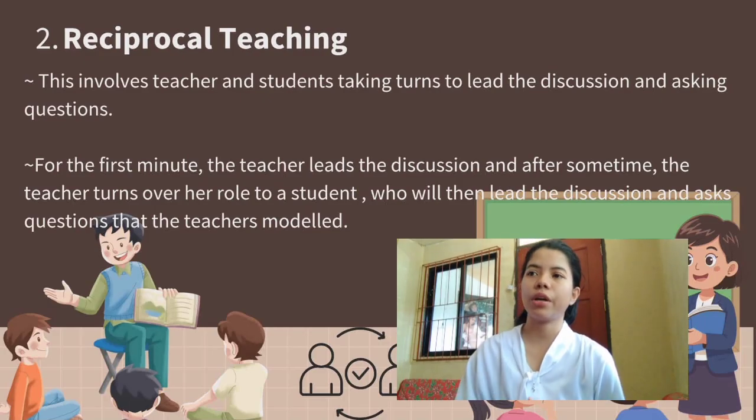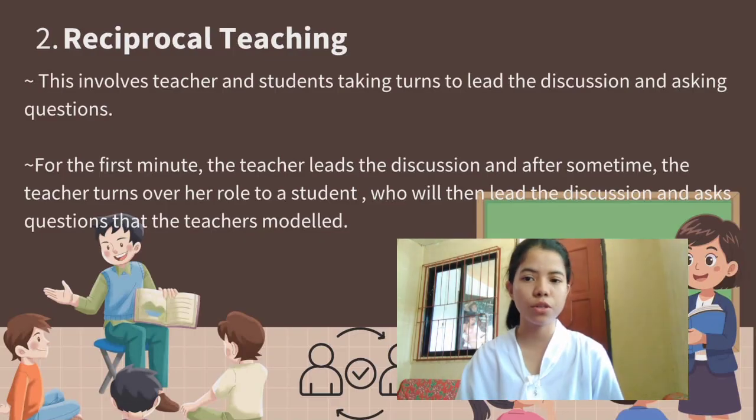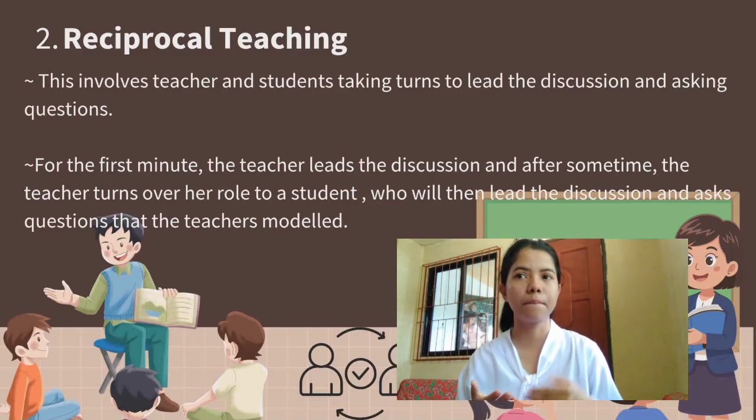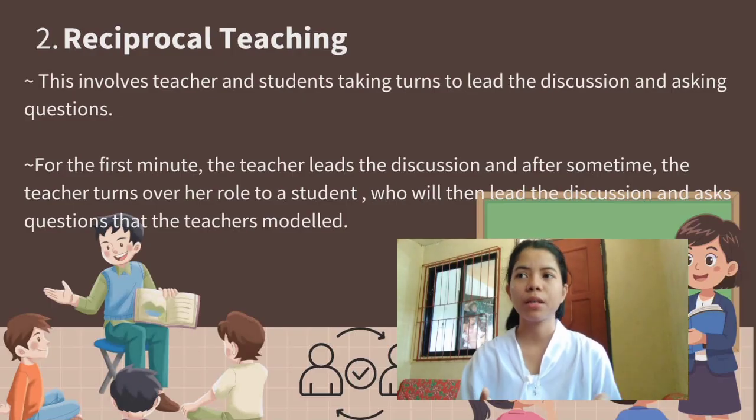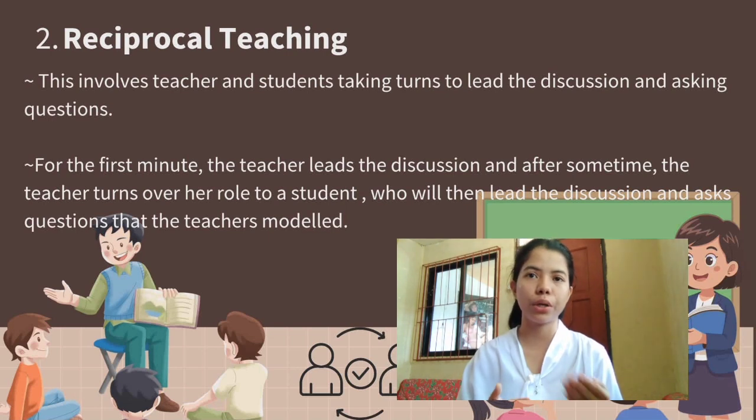Then the next feature is reciprocal teaching. By the word reciprocal, it means the teacher first and then the students teach, and vice versa. This involves the teacher and students taking turns to lead the discussion and asking questions.